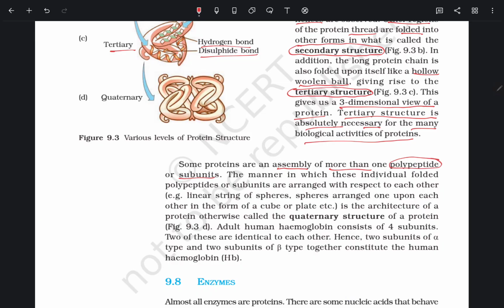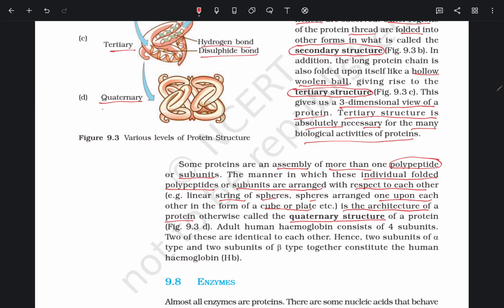The manner in which these individual folded polypeptides or subunits are arranged with respect to each other, like a linear string of spheres arranged one upon the other in the form of a cube or plate, is the architecture of a protein, otherwise called the quaternary structure of protein.